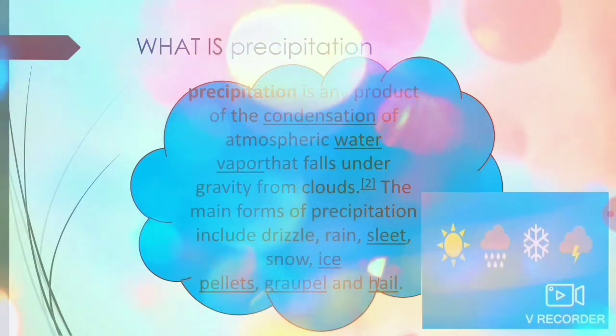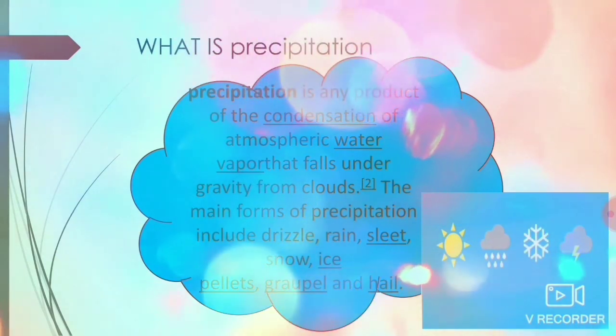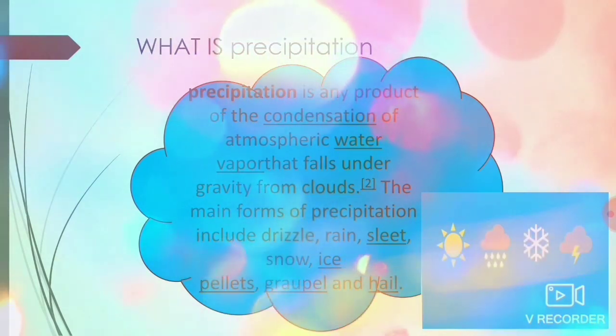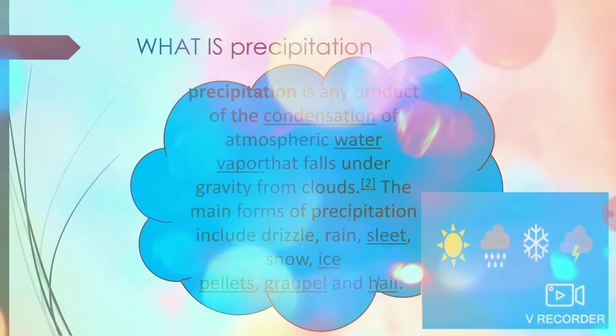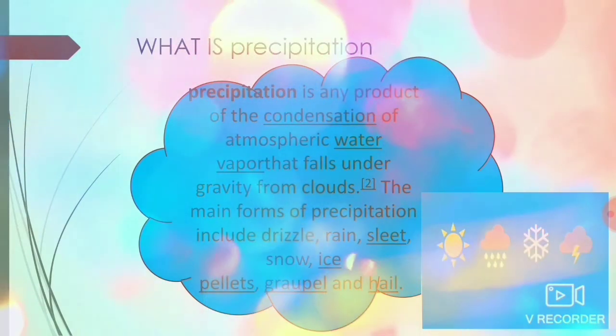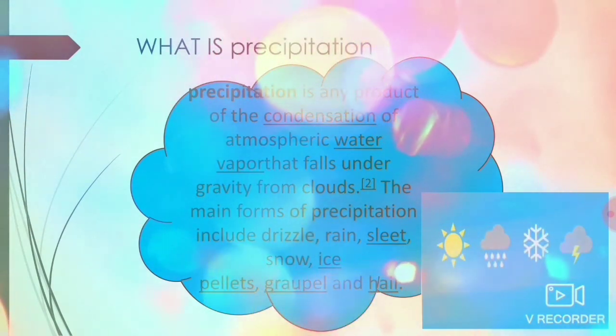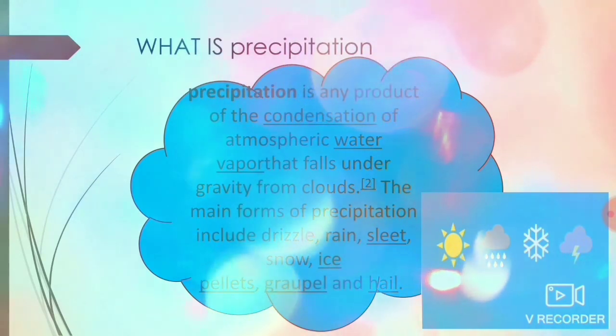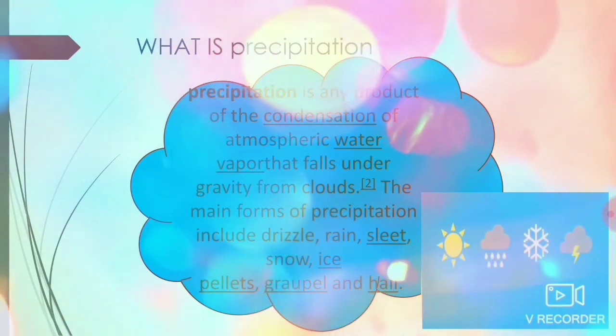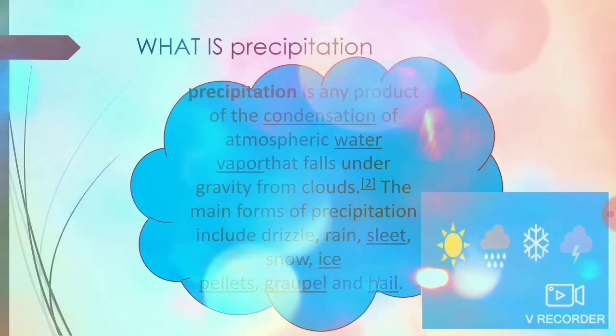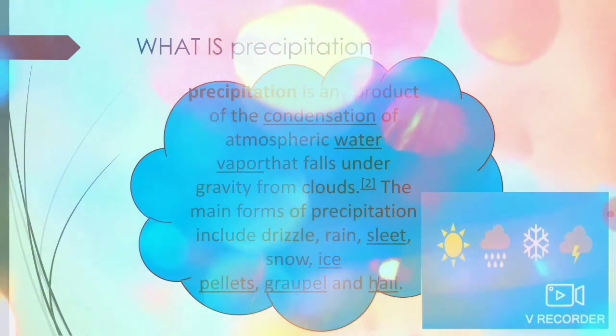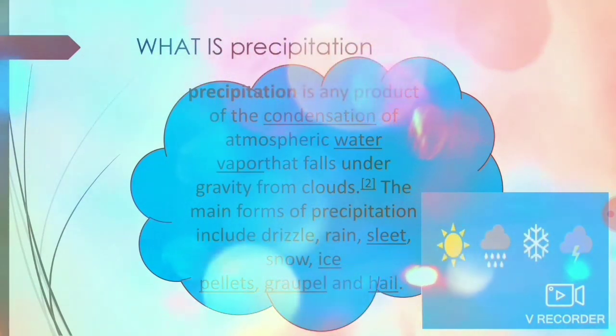After the condensation process, it goes to the cloud. When the cloud can't hold much water vapor inside it, the cloud starts to release the water, and when it reaches down, we can see the rain.